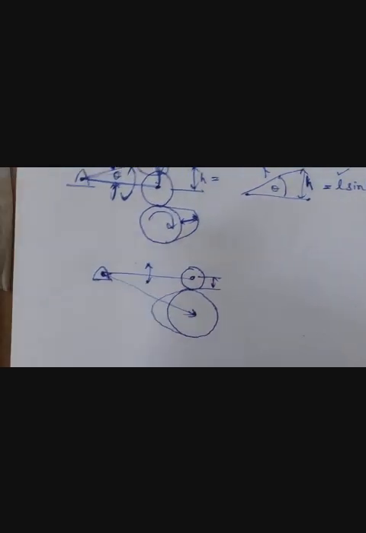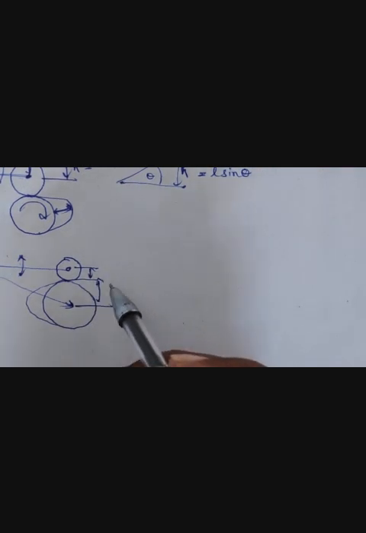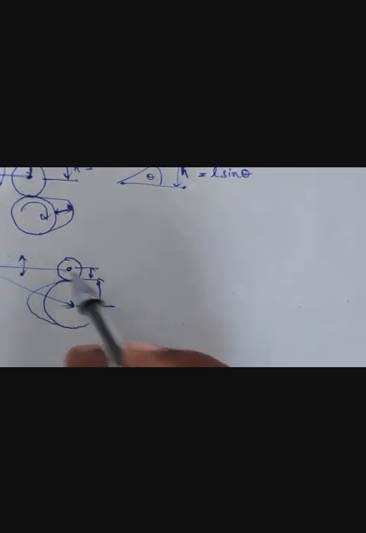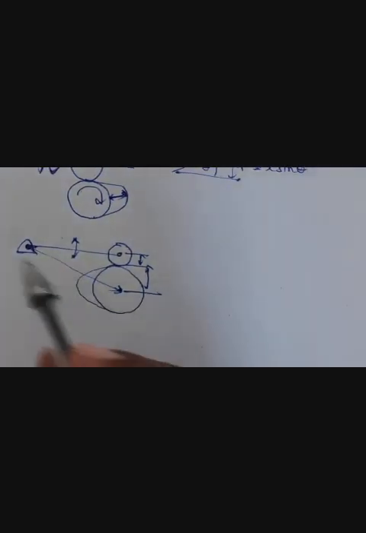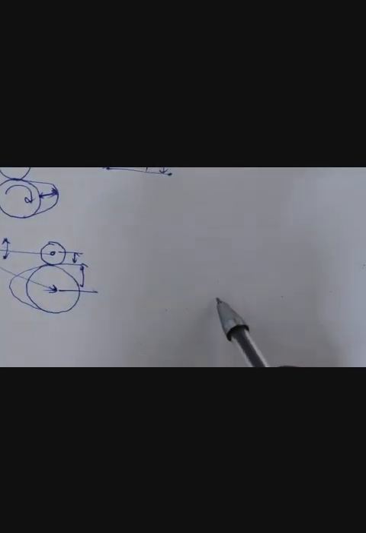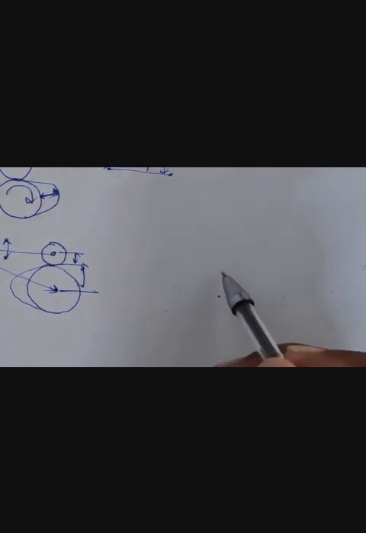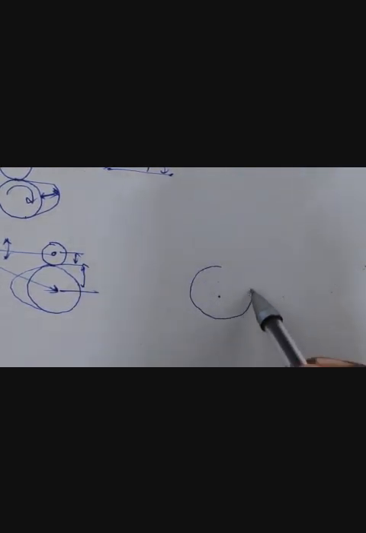This is called the distance between the pivot point and the center of the cam. So in a numerical, if all this data is given, like the base circle radius, the roller radius, and the lever length, then you can locate the pivot point. First you need to draw a base circle.